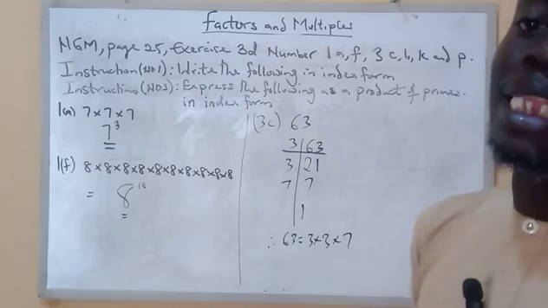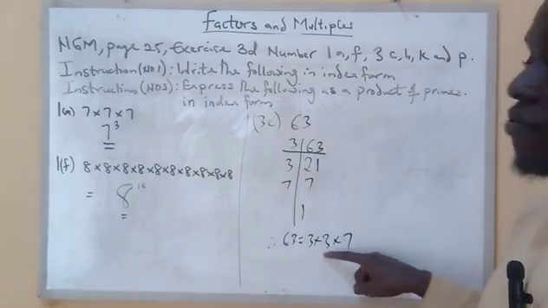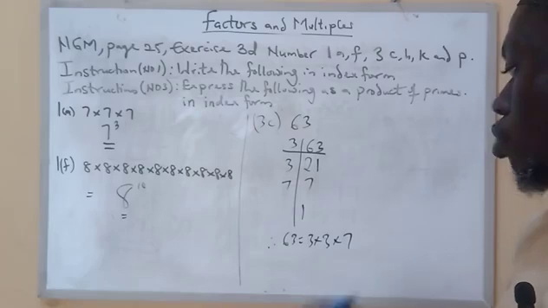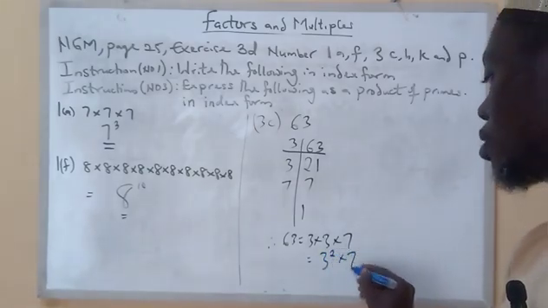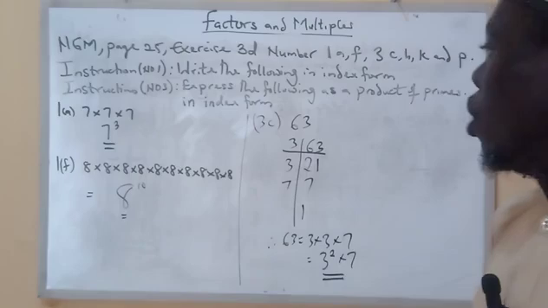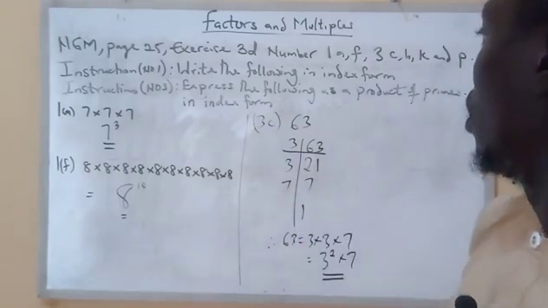But they say in index form, meaning the numbers that are the same and multiply each other will be written in index form. So we have 3 to the power of 2 times 7. So this is in index form. So in the next clip, we are going to solve the rest. Assalamu alaikum.